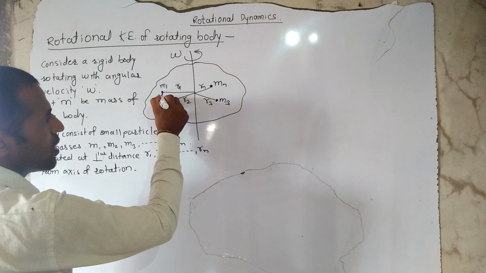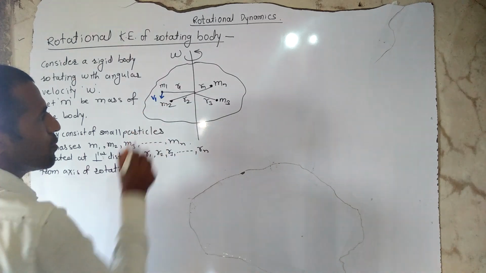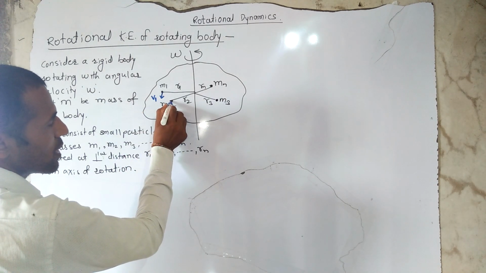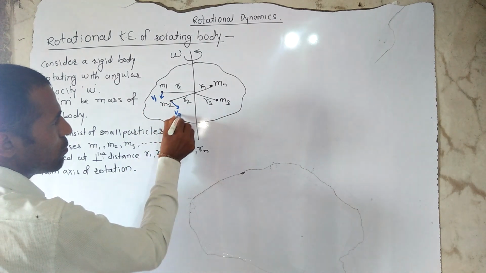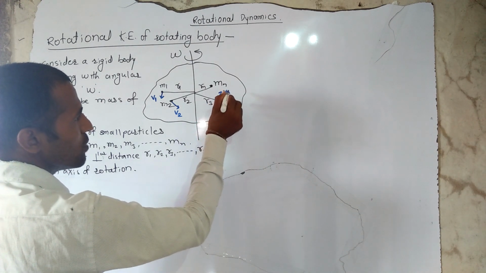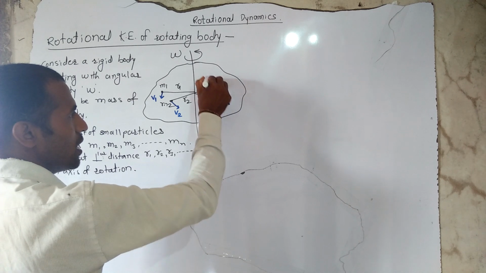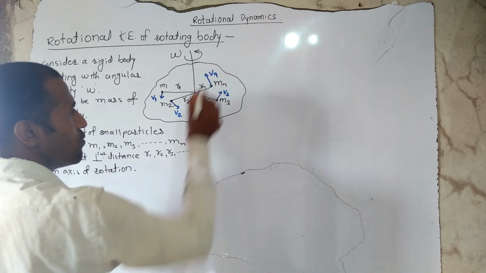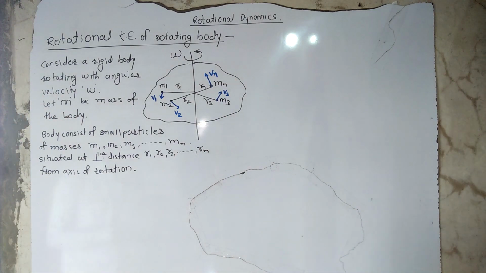So let's say v1 is the linear velocity of the first particle, v2 the linear velocity of the second particle, v3 the linear velocity of the third particle, and vn the linear velocity of the last particle. The angular velocity of each particle remains the same, but the linear velocity is different.